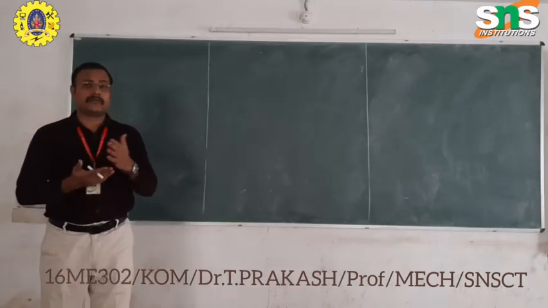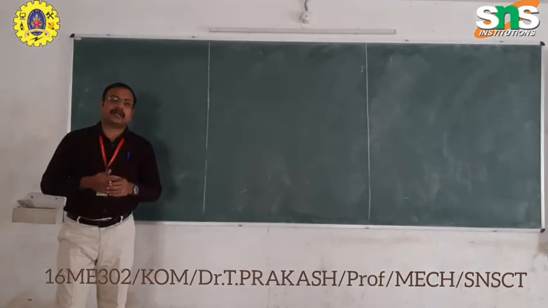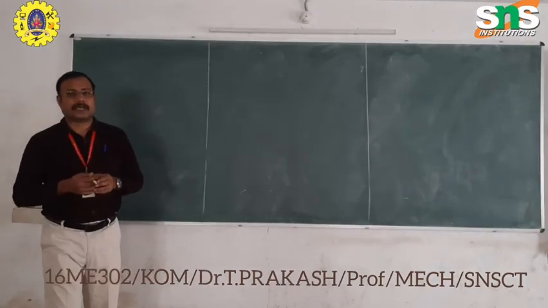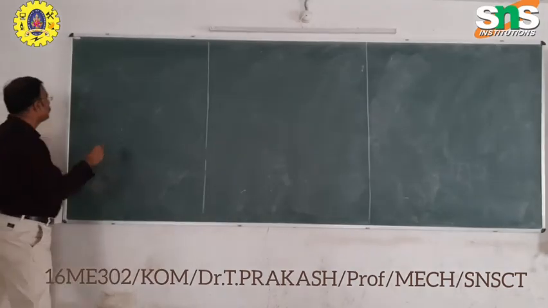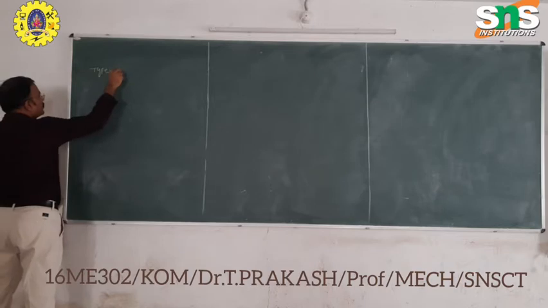Therefore, we have to find the different types of joints and find the degrees of freedom of a mechanism, and only then can we design the mechanism or a machine. Therefore, in a kinematic chain, we have to know about types of joints.